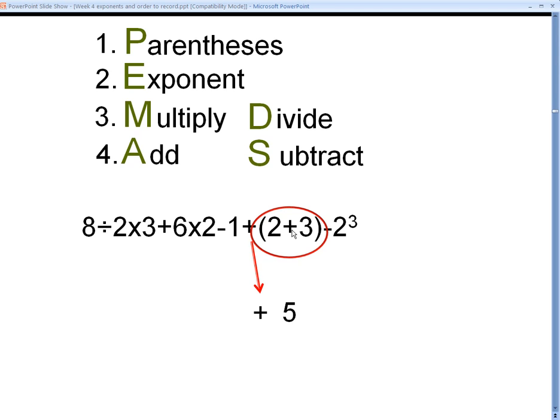And I'm also going to write the sign next to that, because the signs kind of get stuck to the number they're next to. Since this sign was next to the parenthesis, it goes with the 5. I'm also going to cross that out to remind myself that I've already taken care of that.